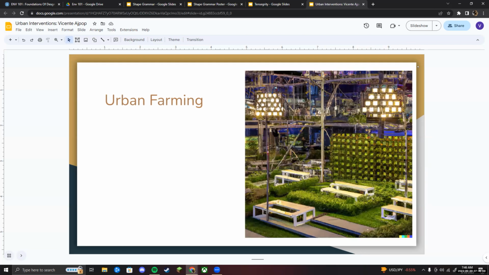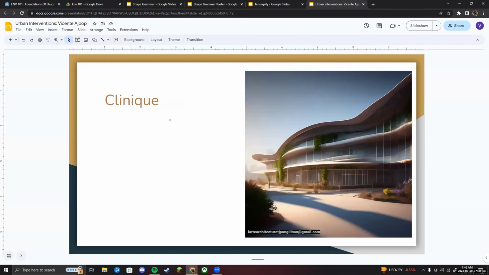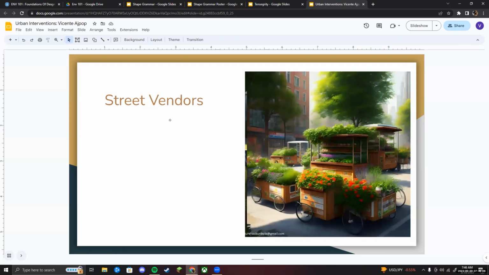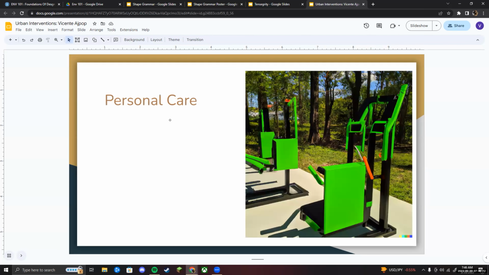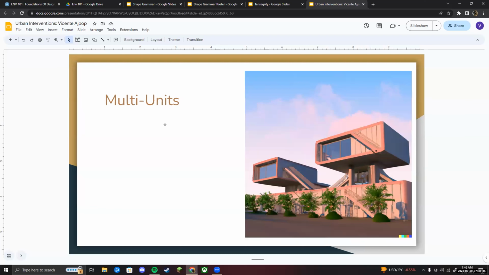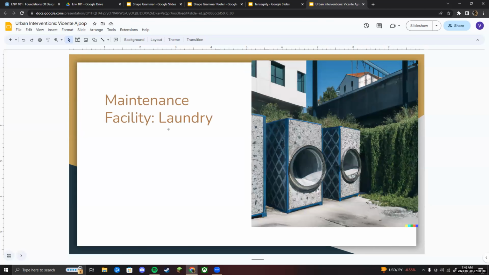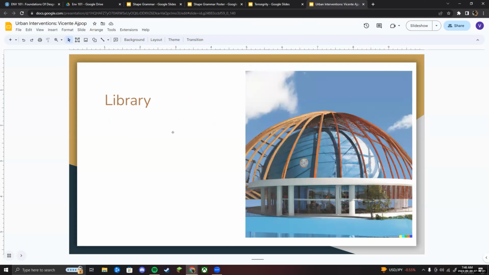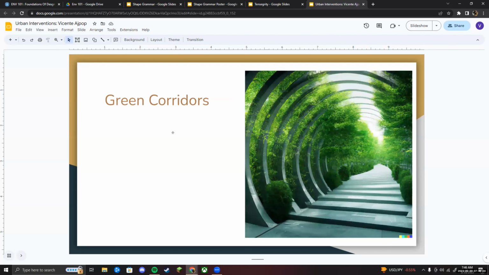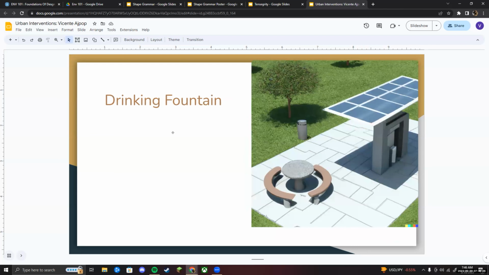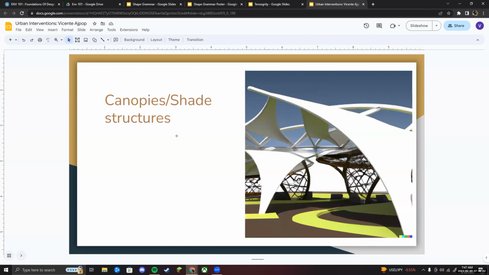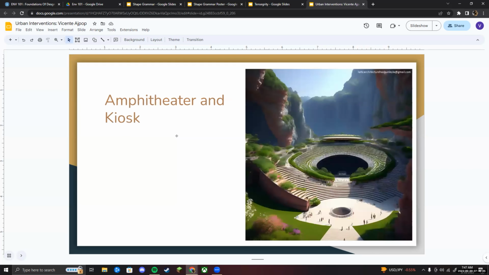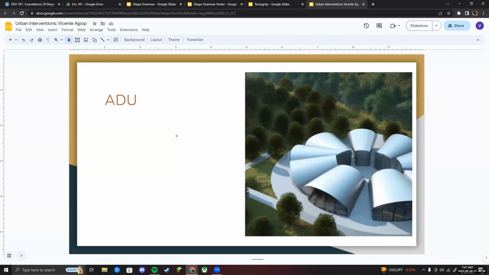And these are just the 27 interventions that we did. We did urban farming, yoga studios, clinics, tiny houses, street vendors, solar lights, bathrooms, observation towers, restaurants, personal care, pocket parks, multi-units, memorials, maintenance facilities, makerspace, libraries, green roofs, green corridors, food banks, drinking fountains, daycares, cooling sensors, scooter stations, canopies, bus stops, art galleries, amphitheaters, and ADUs.